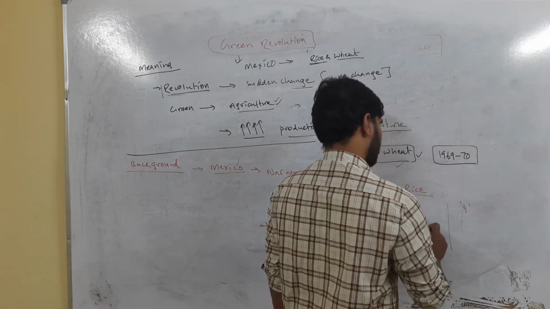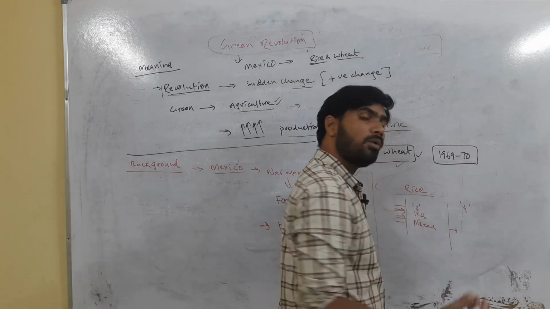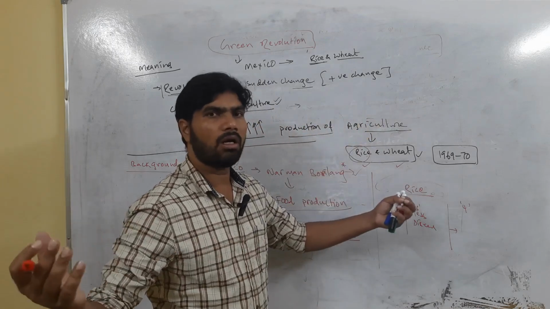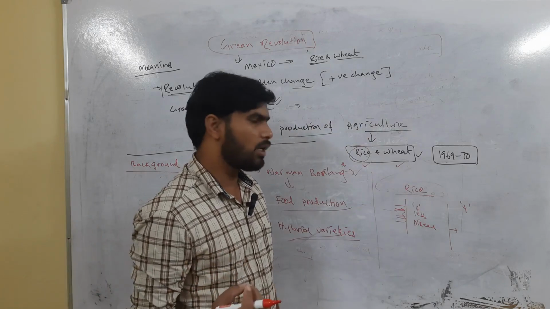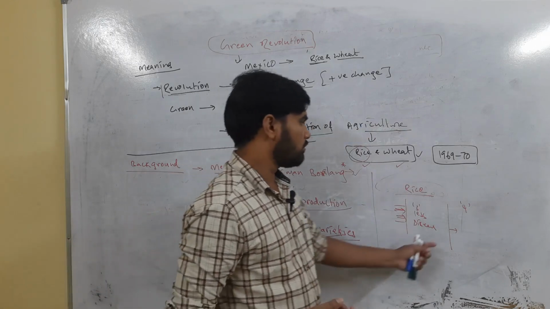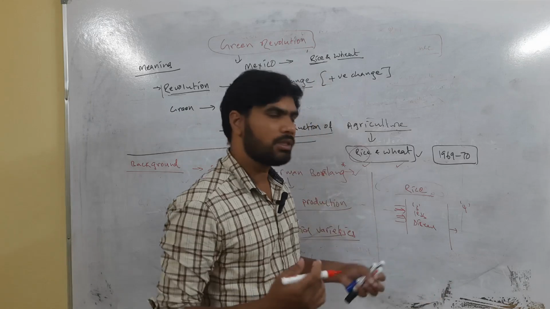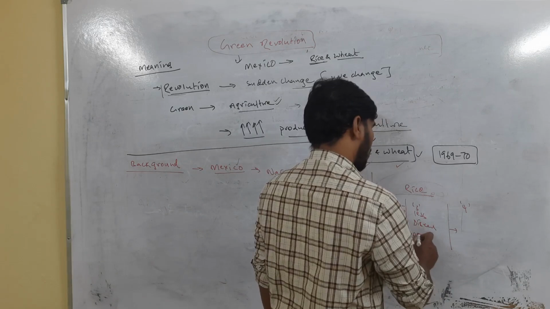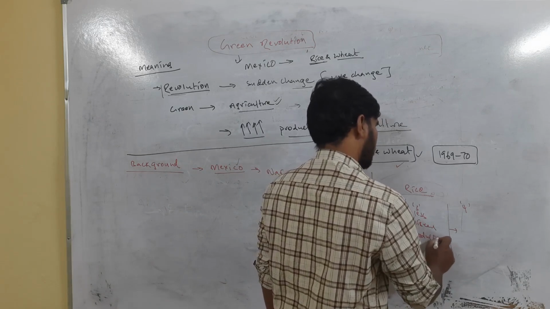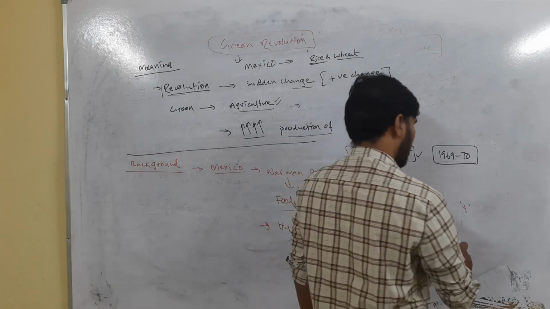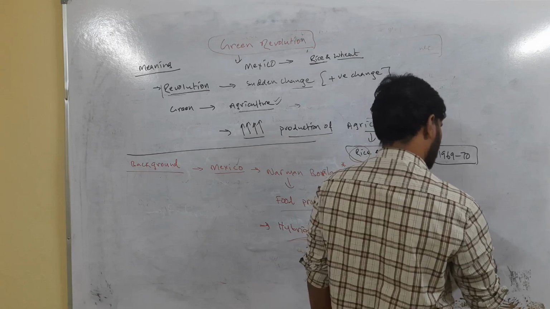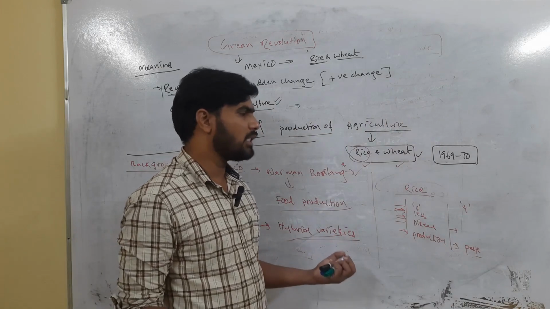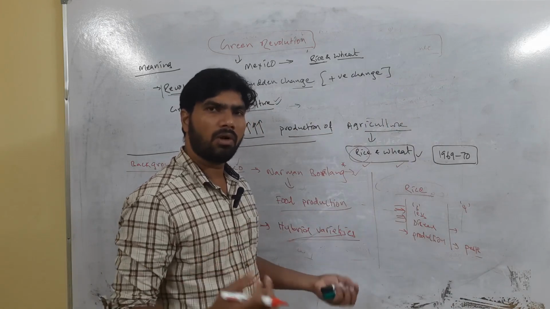Some others, though they take a longer time to mature or be harvested, are very much resistant to diseases. Some varieties give a lot of production, their productivity is good, but they are very much prone to pests or diseases. So each and every rice variety has some distinctive quality.